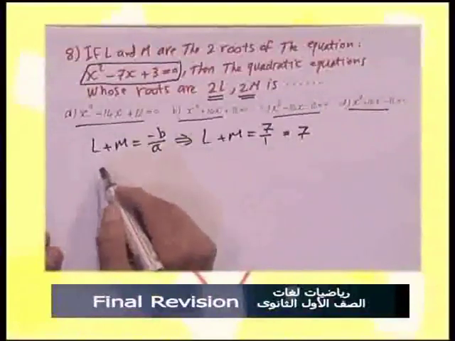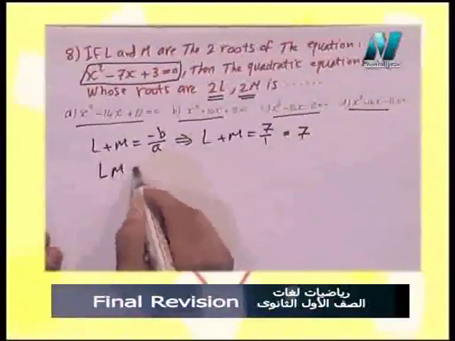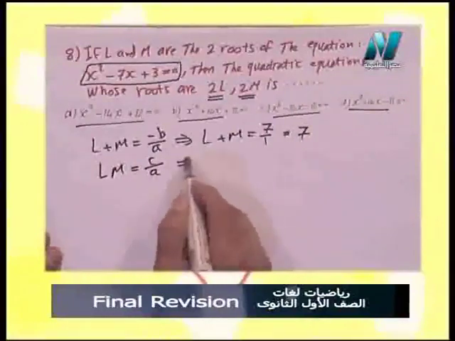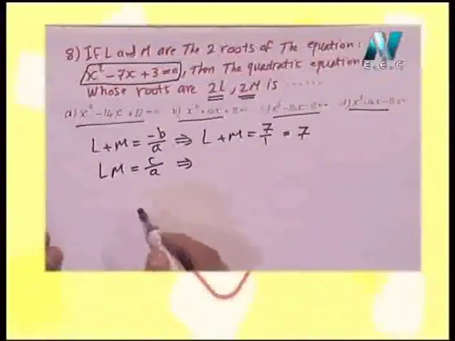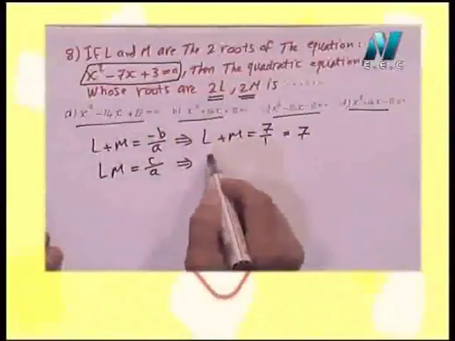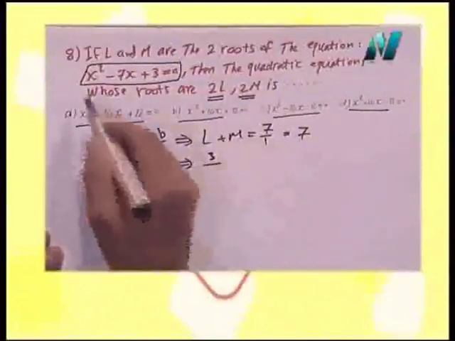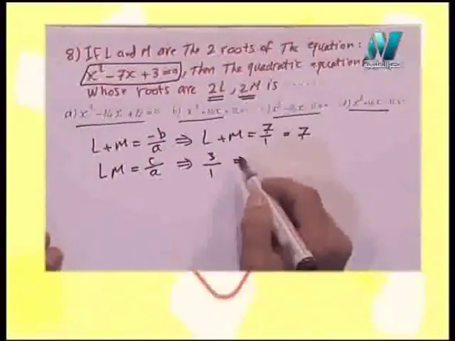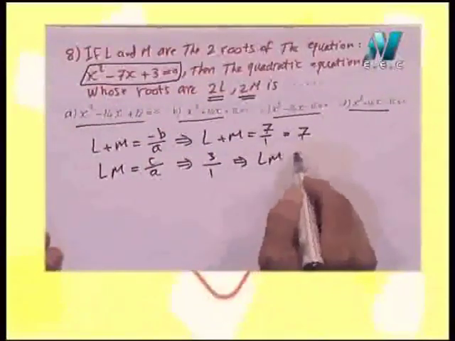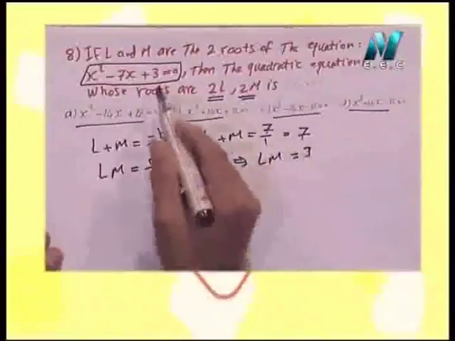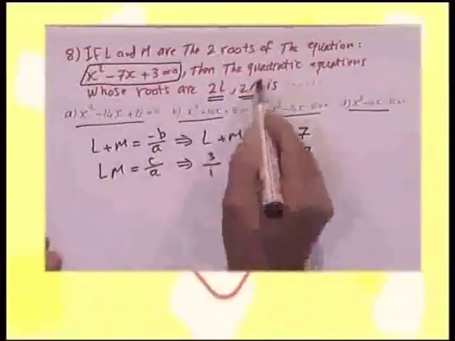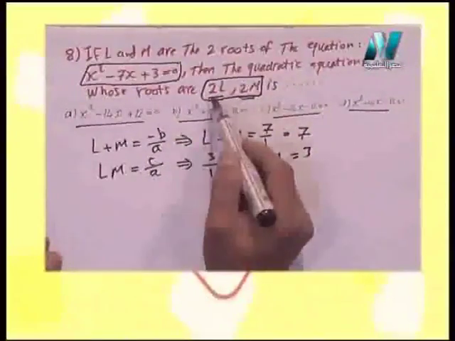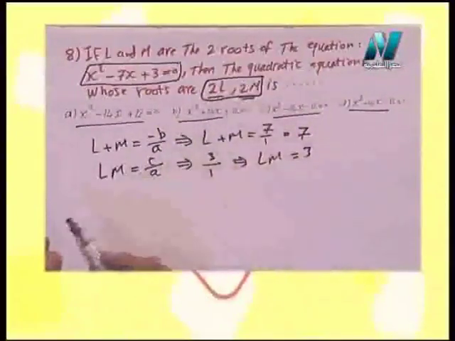And we have the product of the two roots, LM equals c over a. C is 3 over a is 1. So LM equals 3 from the equation, and we would like to make another equation that has the other roots 2L and 2M.